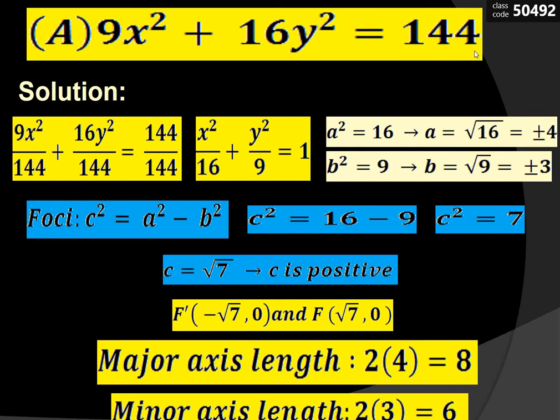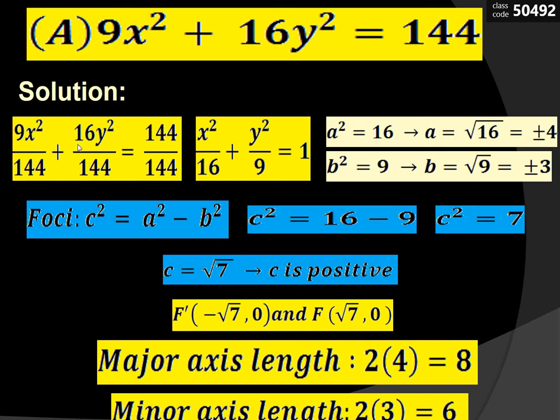Whatever is the value of your right side without the variables x squared and y squared, you are going to make that your divisor. So to reduce the right side to 1, we have 144 divided by 144, which is 1. Then what you did to the right, you also need to do to your left.